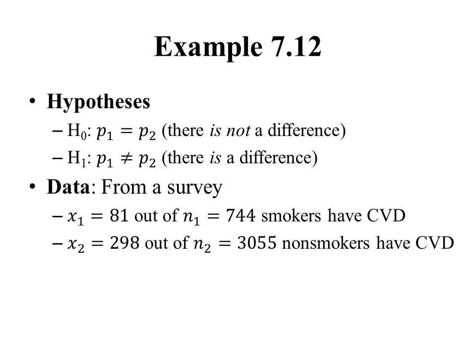As always, we're never going to be able to determine with 100% certainty if our claim is true or false. So we go out and we survey 744 smokers and 3,055 non-smokers. We find that 81 of those smokers have cardiovascular disease and 298 of the non-smokers have cardiovascular disease.